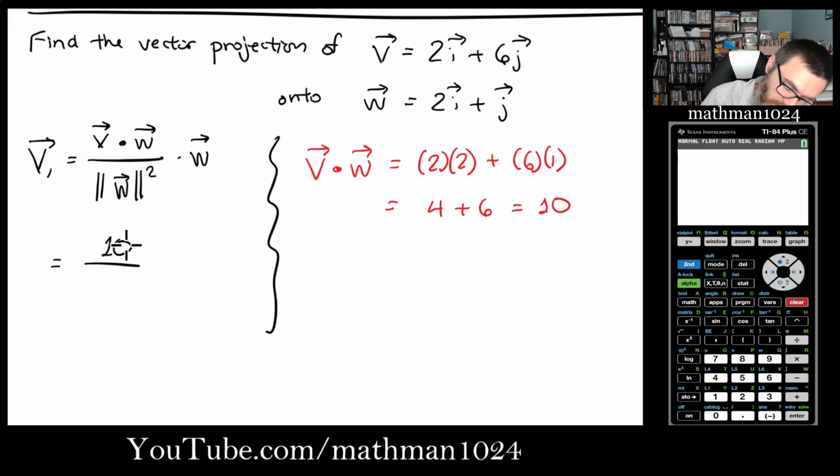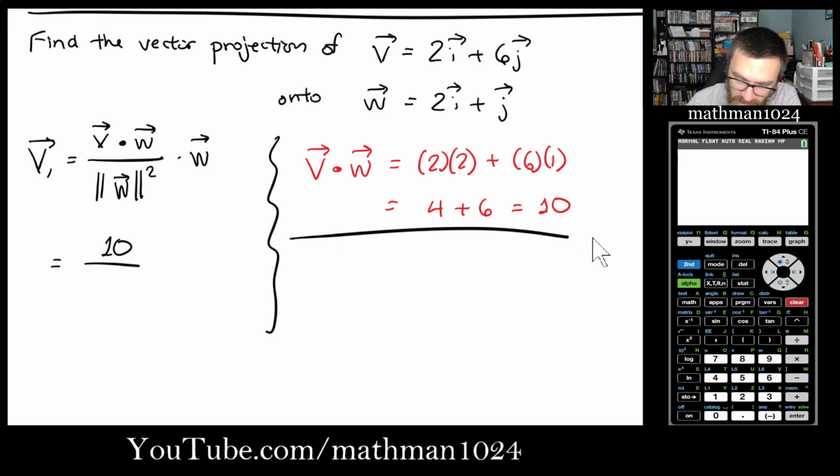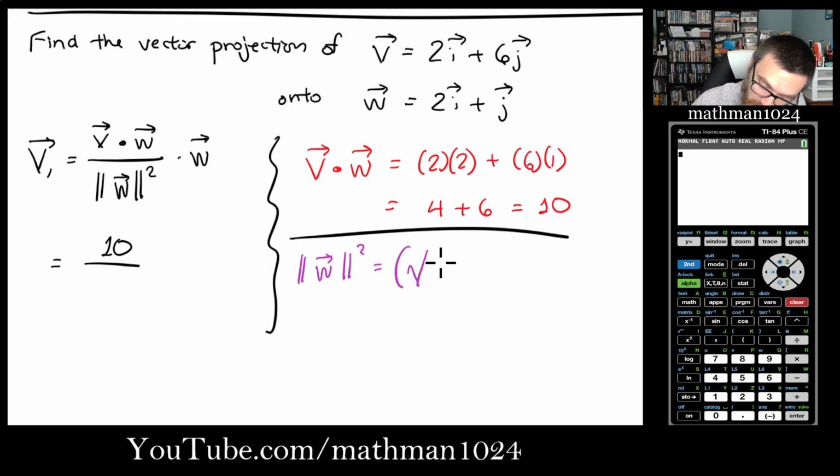So the numerator is just 10. And then we want to find the magnitude of w squared. Well, that is essentially the square root squared, so it's just going to be the two pieces inside here.